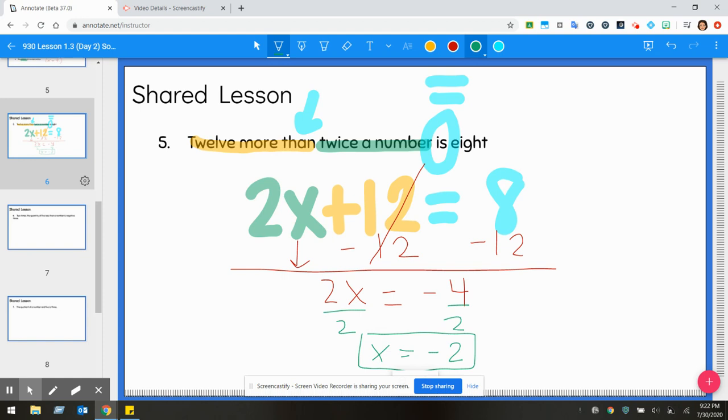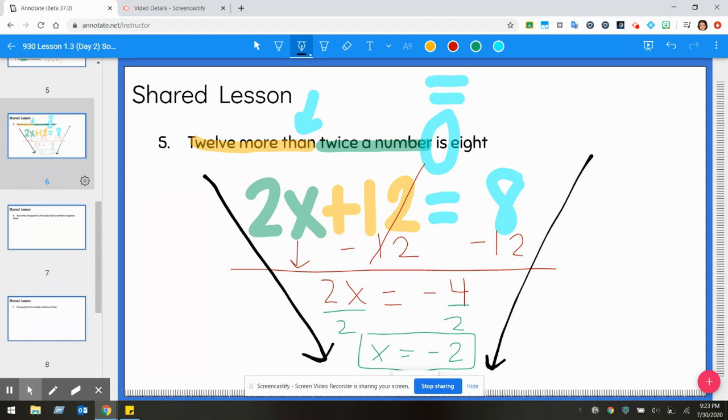One thing that I wanted to mention as well is we really want to focus on staying organized, showing every step of solving, and your work is going to be kind of like a funnel down, right?